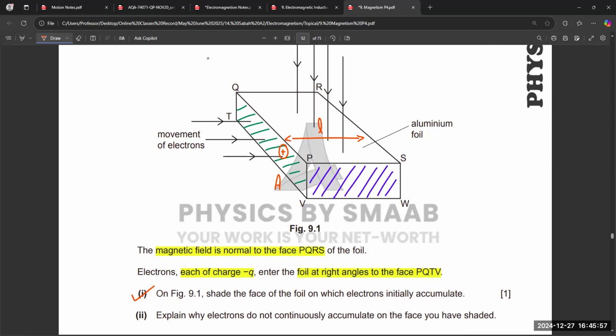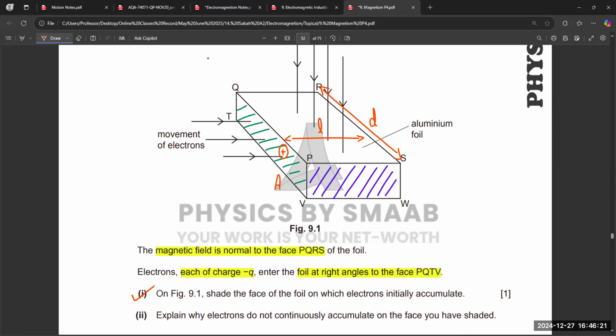And this side will be the distance d. Because if the electrons initially hit that area, wouldn't that be negative? I mean positive? Yes, because electrons are going to travel to the other side. Okay.